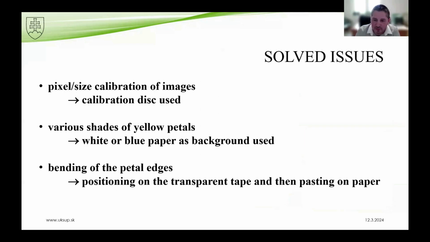During the years, we have collected some issues with the image processing. First of all, there was a problem with the size calibration of the images. Recalculation of the pixel size to millimeters, depending only on the 300 dpi resolution of the images.